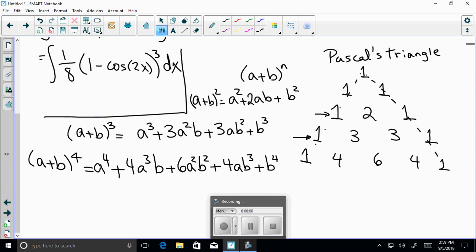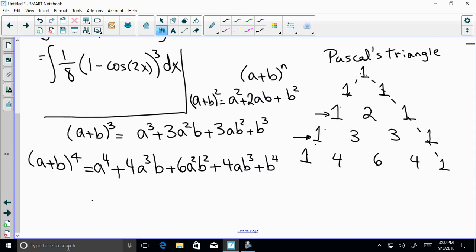Who's already seen this? Diamond, you've seen it. In statistics and probability, right? In high school. Where do you see it? You saw it here. Anybody else see this? Okay, all right, so this is a shortcut. All right, so let's go back to our problem.